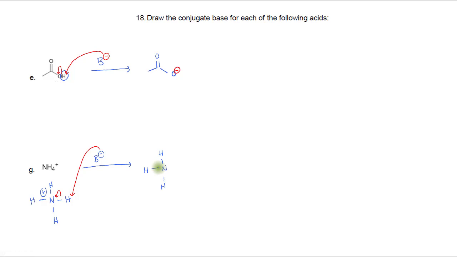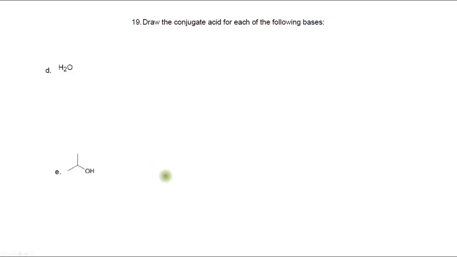And if you remember, nitrogen likes to make 3 bonds normally, so it's still going to make the 3 bonds, but now it's gotten its lone pair electrons back. So it won't be charged with a negative charge. It'll just have that neutral nitrogen. So that is how we would do number 18.